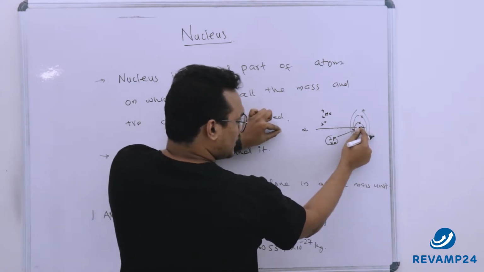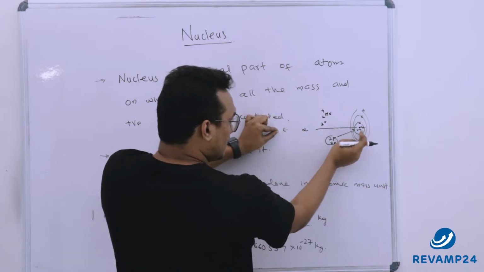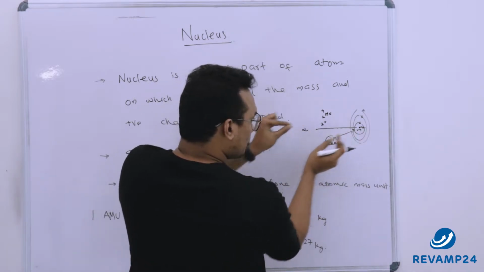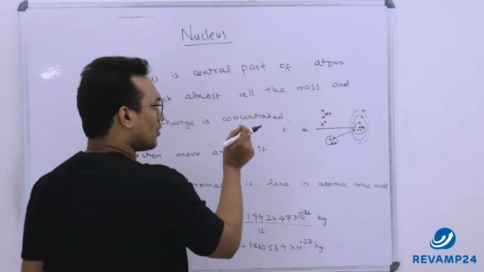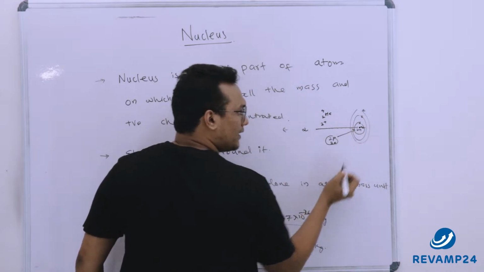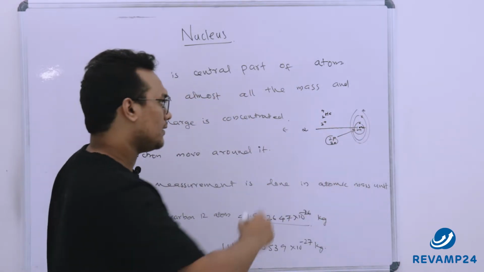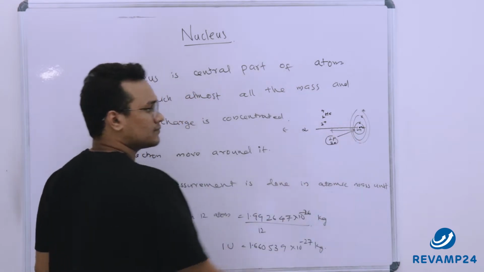As it moves closer, these positive charges offer repulsive force in the opposite direction. It overcomes this repulsive force with the energy it has, so gradually the velocity will come to zero at some point. By that time all the energy is converted into potential energy, and then it will come back.